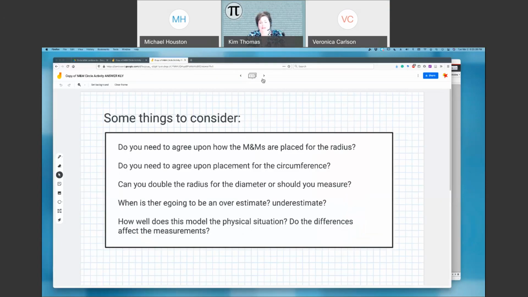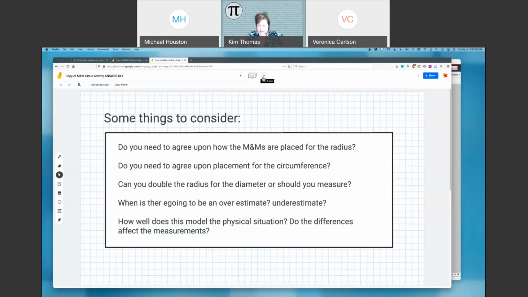I went through and did the activity and came up with some things that I would talk with my students about. We might need to agree on how M&Ms should be placed. Do they have to touch? Would they really touch if I had physical M&Ms? Do they have to touch if they're these virtual ones?